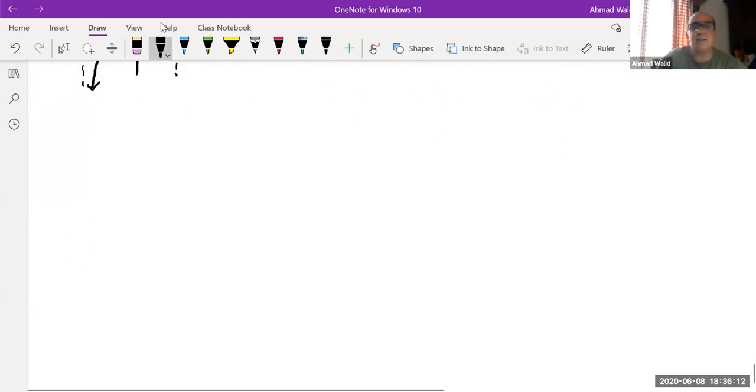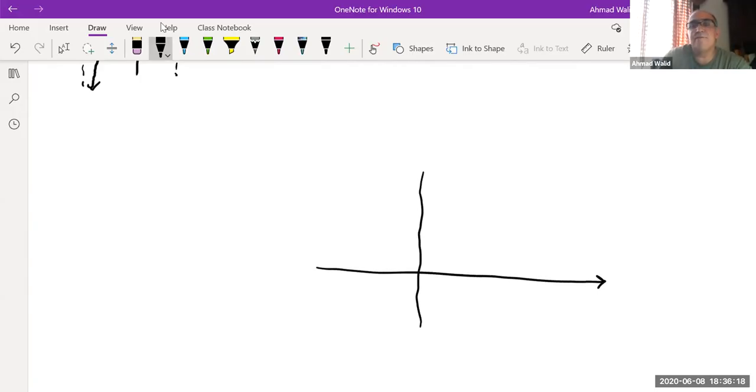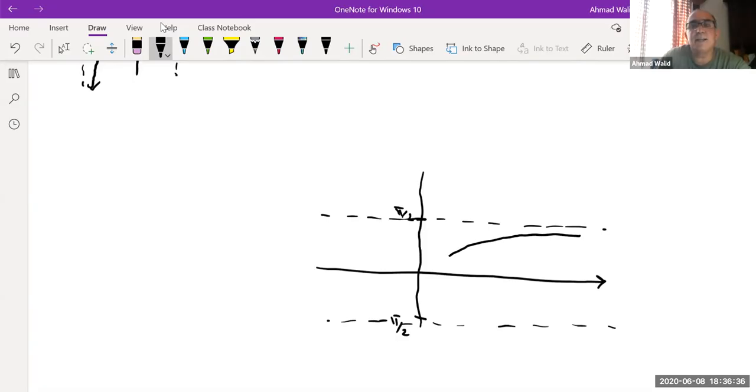Now, for inverses, what is the inverse tan graph? Here you have pi over 2, here you have negative pi over 2. You get two horizontal asymptotes, 1 and 2. And the graph of inverse tan is something like this.